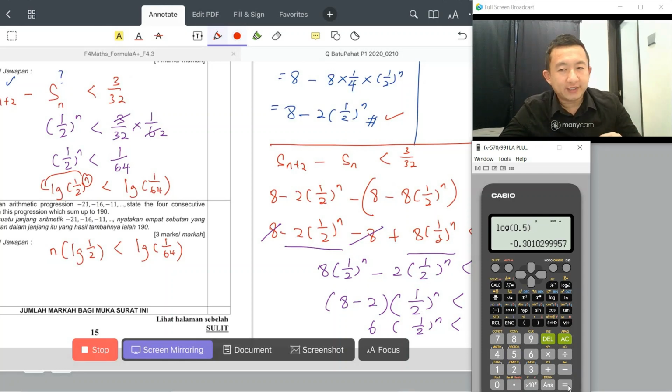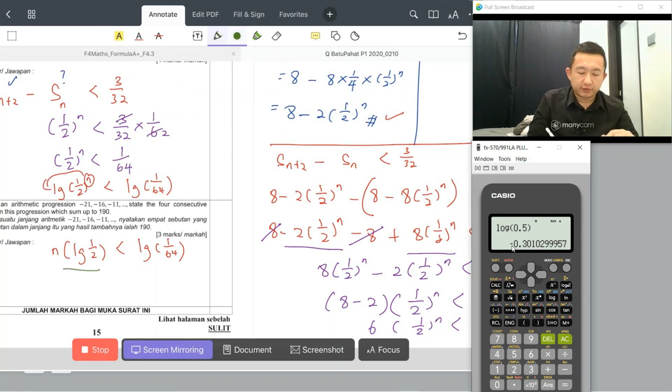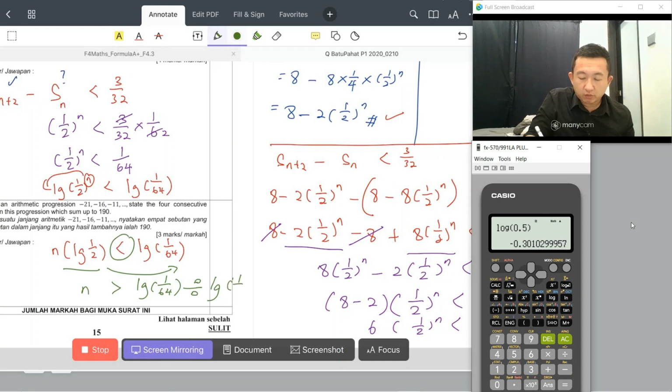I'm not asking you to put in this answer. I want you to pay attention to this one. That is a negative sign. So when you are about to move a negative value to the other side, what happens to these inequalities? This is the part you have to pay attention to. You have to change the direction. So n is more than lg 1 over 64 divided by lg 1 over 2.